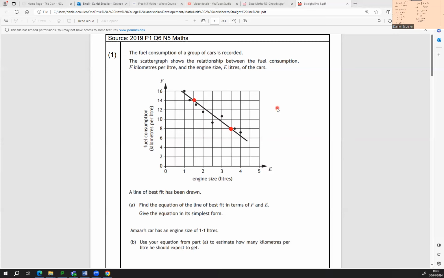My gradient is going to be y2 minus y1, which is 8 minus 14, over 3.5 minus 1.5. I'm going to get negative 6 over 2, which is negative 3. So I'm going to get a gradient of negative 3.